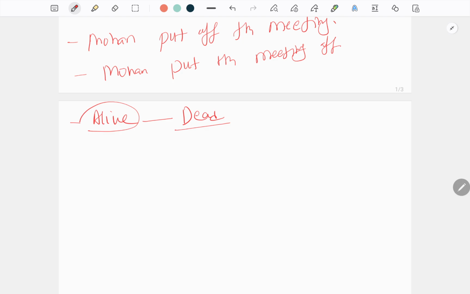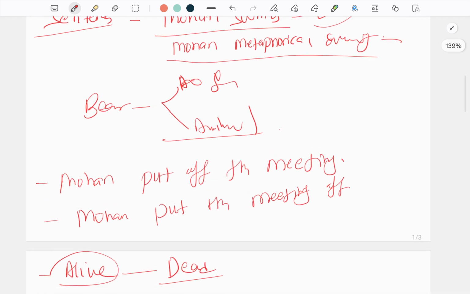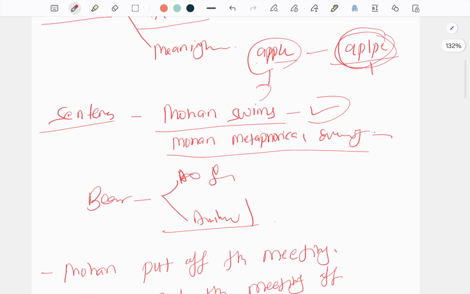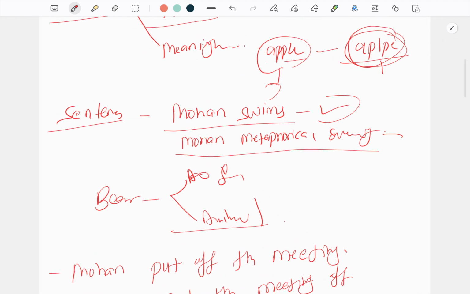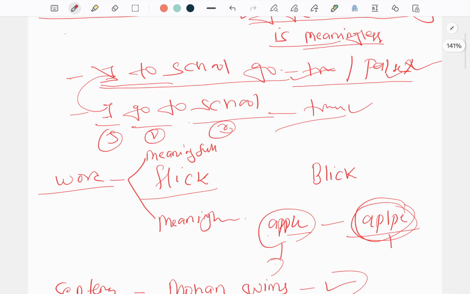So here we can see that a word, a phrase or a sentence, if it is grammatical and gives the right meaning, then we can say that this sentence is semantically correct. If the meaning of the sentence is incorrect, I mean the sentence does not follow the rules and regulations of the grammar, then we can say that the sentence is grammatically or semantically incorrect.